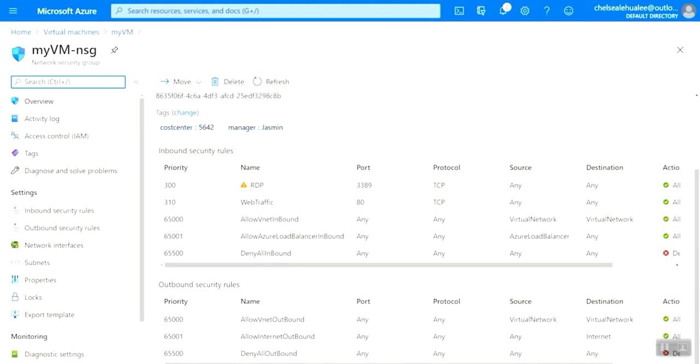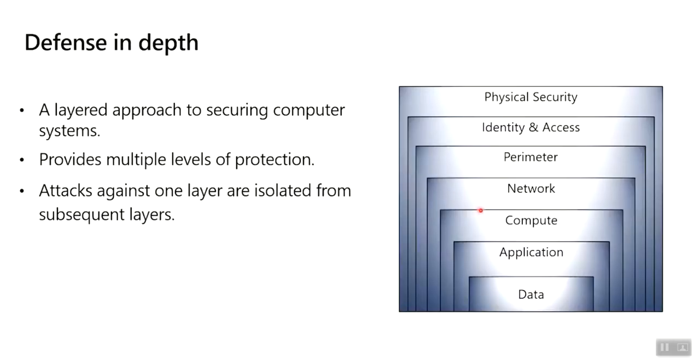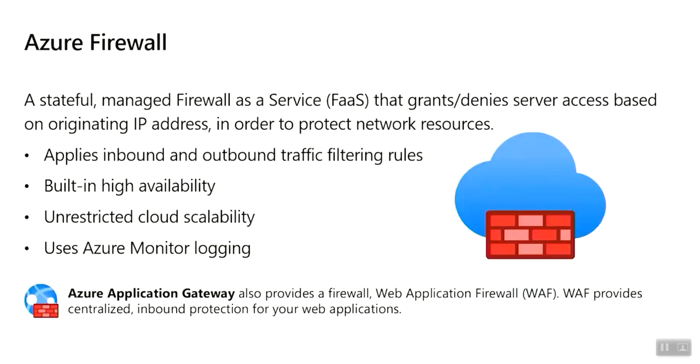So looking back at our defense in depth graph, with network security groups, this is on the network level. Now we're moving up a level to the perimeter level. So at the perimeter level, we have the Azure Firewall. Now what this is, is a fully managed cloud-based network security service that is there to protect your virtual network resources.